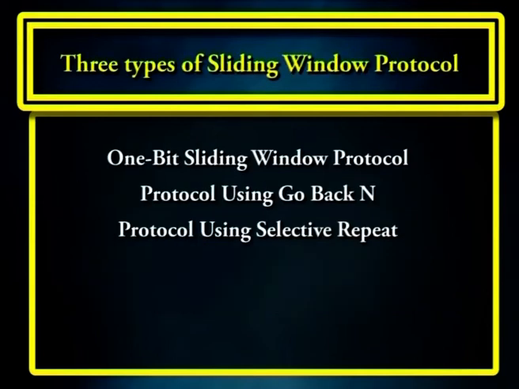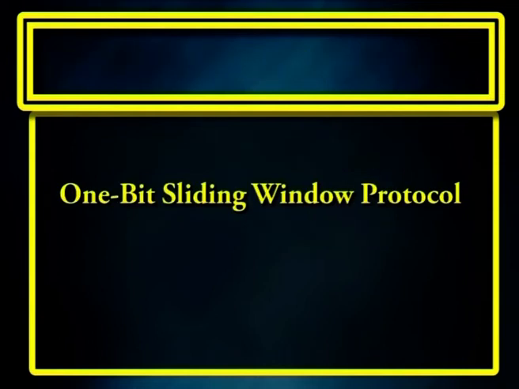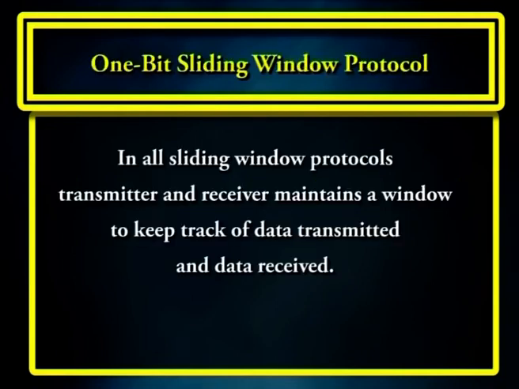There are three types of sliding window protocols: 1-bit sliding window protocol, protocol using go back N, and protocol using selective repeat. Now let us take the 1-bit sliding window protocol. In all sliding window protocols, the transmitter and receiver maintain a window to keep track of data transmitted and data received.